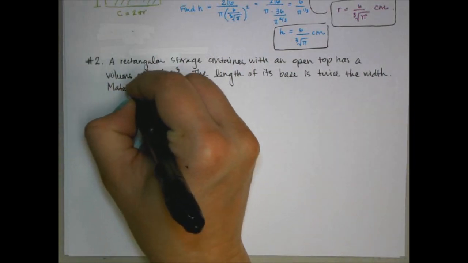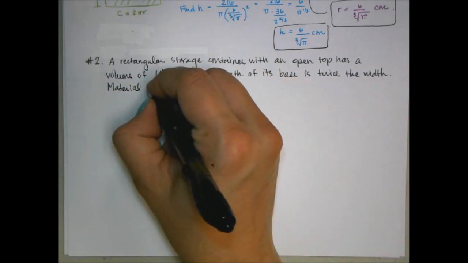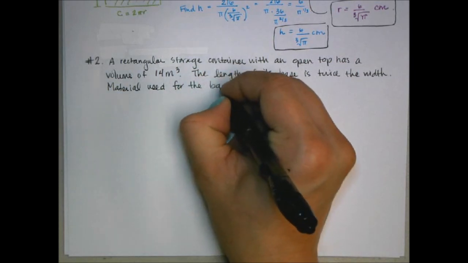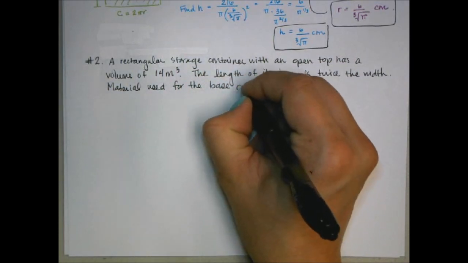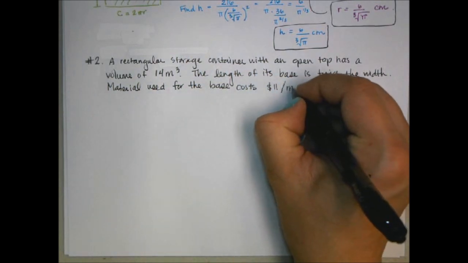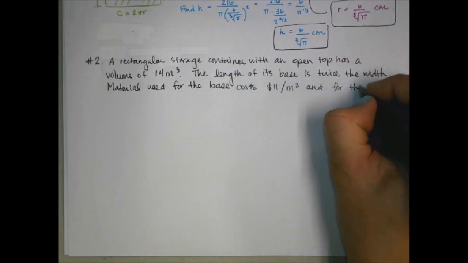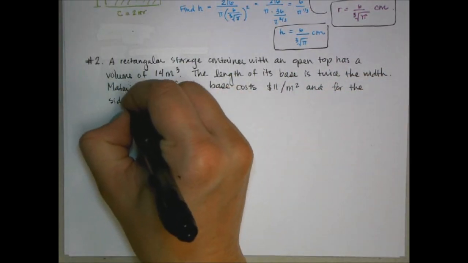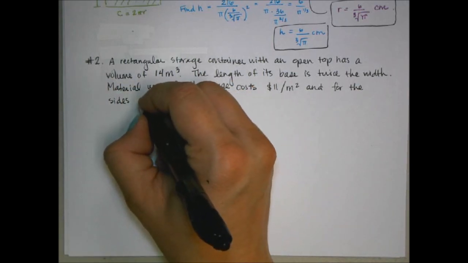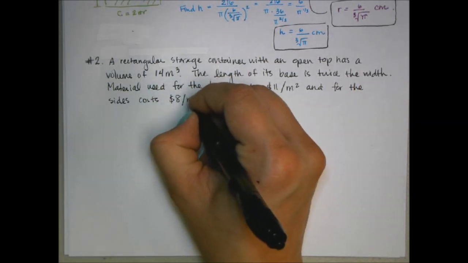Here's where it gets a little different. Material used for the base is $11 per square meter. And for the sides, the cost is $8 per square meter.